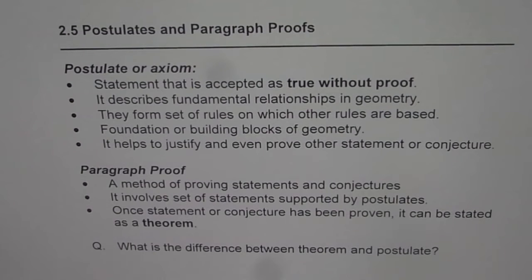Now the beauty of geometry here is that postulates are also statements that we accept as true without proof. So based on that, we will define the undefined or find the relationship between those things which we don't really understand so well.